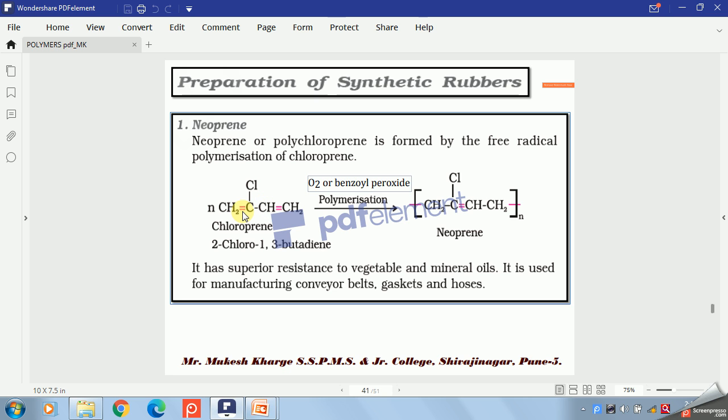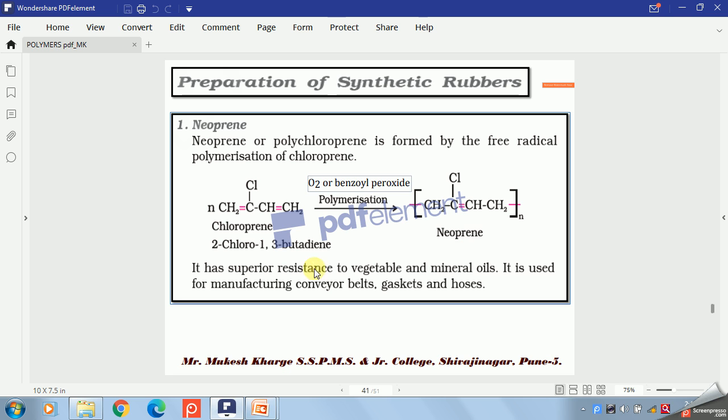When n molecules of this undergo polymerization in presence of oxygen or benzoyl peroxide, the last carbon of the first molecule, that is the fourth carbon, combines with the first carbon of the second molecule, and then the bond between first and second is transferred to second and third. So here we obtain a double bond between second and third. In this way that group gets repeated n times. That compound is called neoprene.